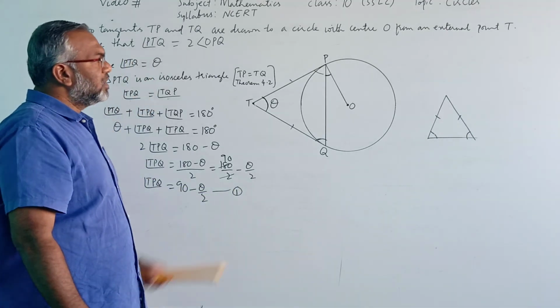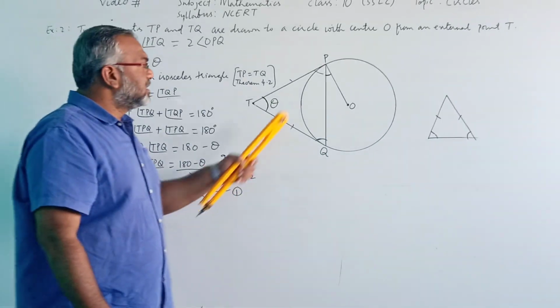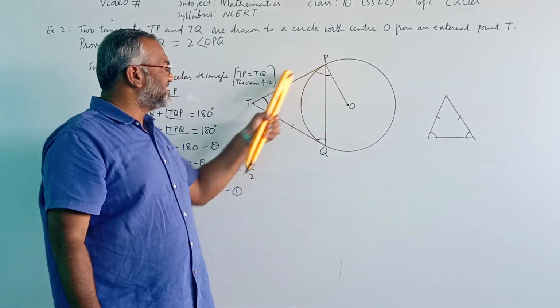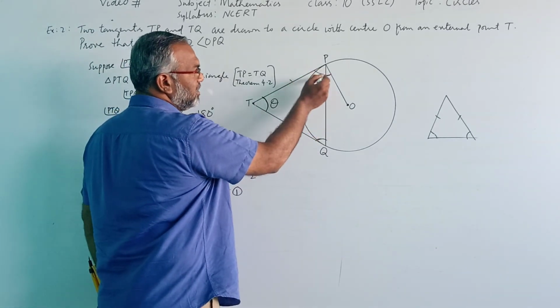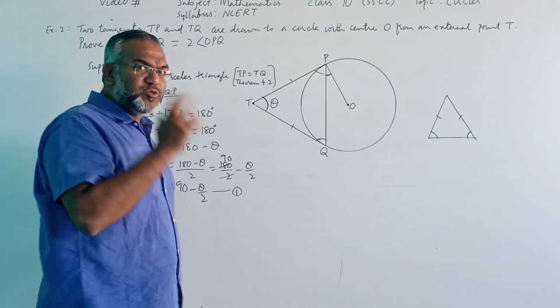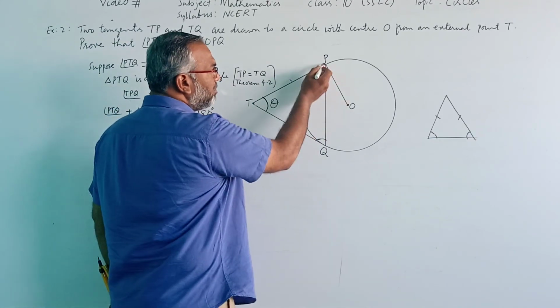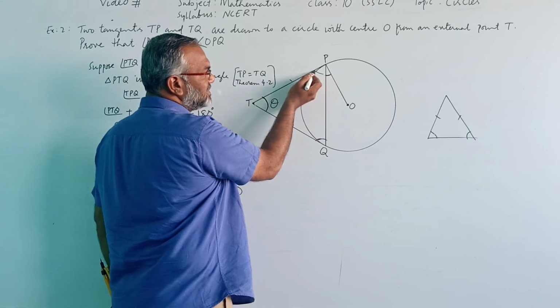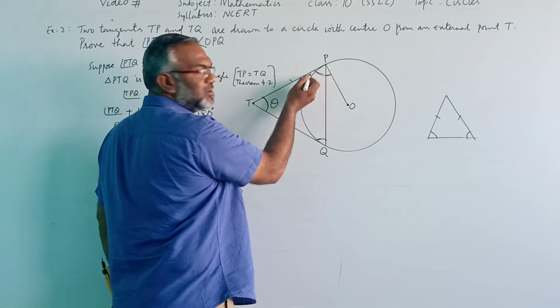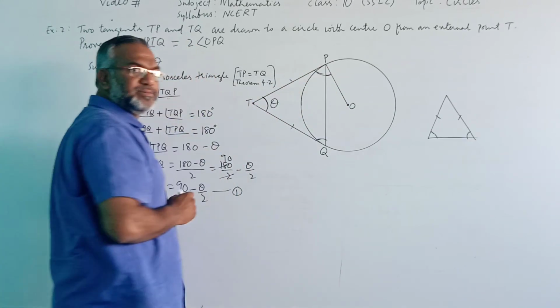Now, keep it as it is. Now look at angle OPT, this big angle. It is the sum of two small angles, right? OPT is this smaller one plus this. They together become OPT.